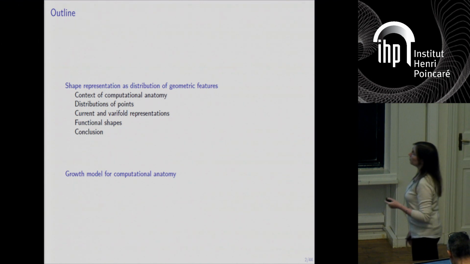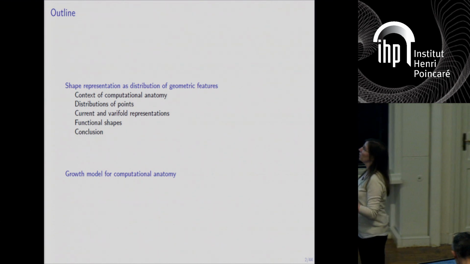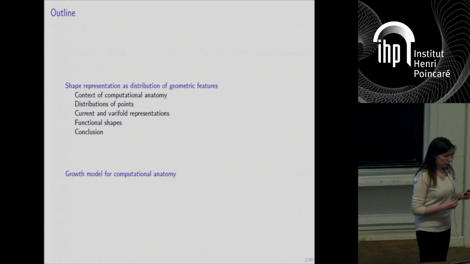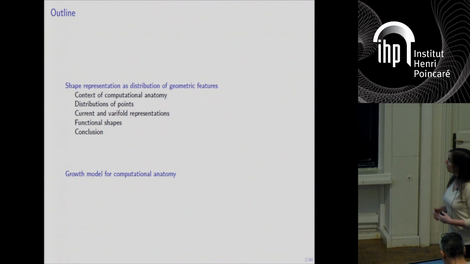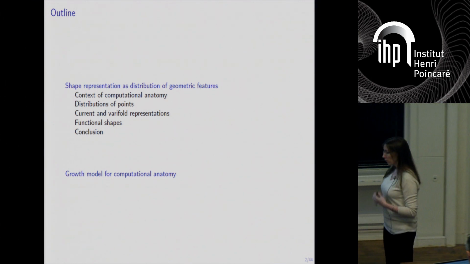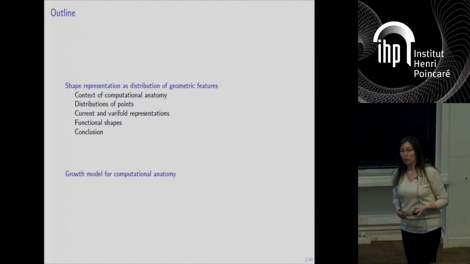And I will start with an introduction of the context centered on computational anatomy, but I invite you to adopt for the main part of this talk maybe more a broader view with application, for example, for computer vision.